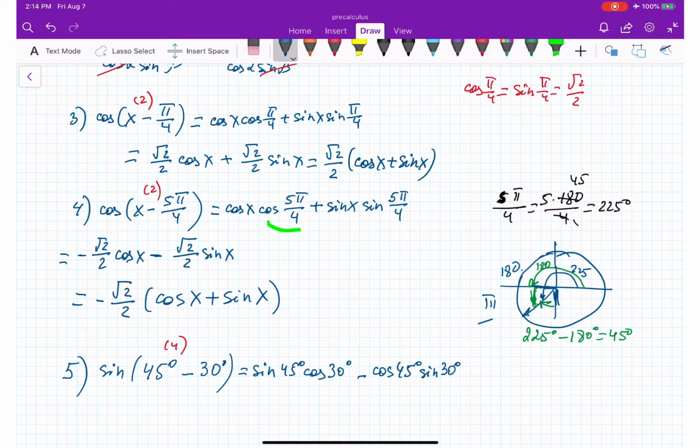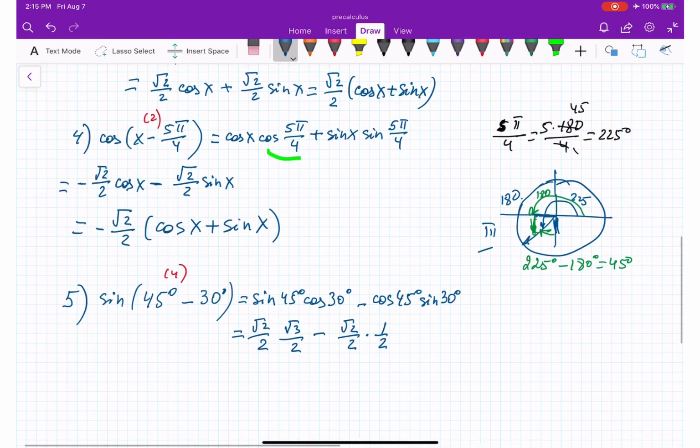All right, so we know sine of 45 degrees is square root 2 over 2. Cosine 30 degrees, if you open the unit circle, is going to be square root 3 over 2, minus cosine 45 degrees, square root 2 over 2, and sine 30 degrees is going to be 1/2 based on the unit circle.